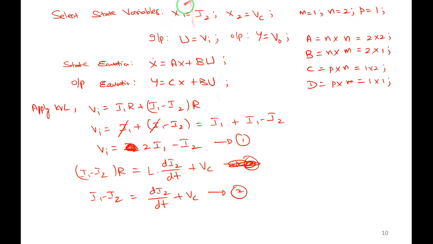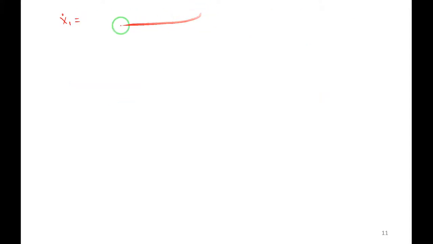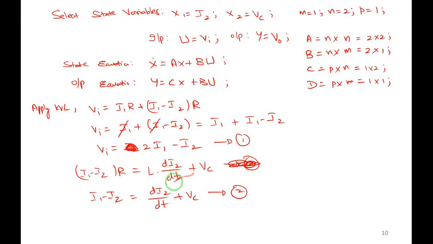First, how many state variables are there? X1 and X2. So I want X1 dot. What is X1 dot? It is I2 dot. I2 dot is nothing but di2 by dt. So observe this equation. From equation 2 I will get di2 by dt, right?